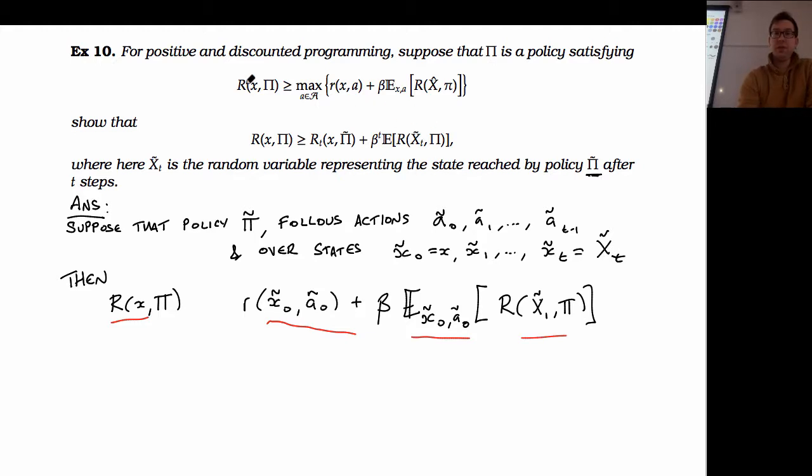Well, because I've assumed that R of x of pi is bigger than the reward from taking any action a, than the reward I get from thereafter. Okay? So I've assumed it here. And given you've done some homework sheets, we've done some things like this last time, what do I normally do at this point?